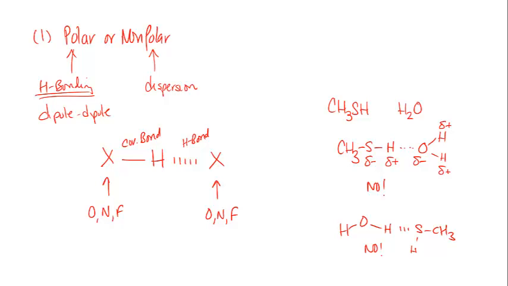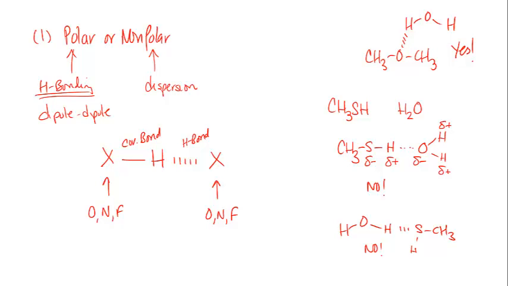Now, what could be a hydrogen bond? Let's say you had a CH3 attached to an oxygen attached to another CH3, and you had a water molecule. In this case, that can be a hydrogen bond, because now the hydrogen is attracted to the oxygen, covalently bonded to an oxygen. So yes, that would be a hydrogen bond.